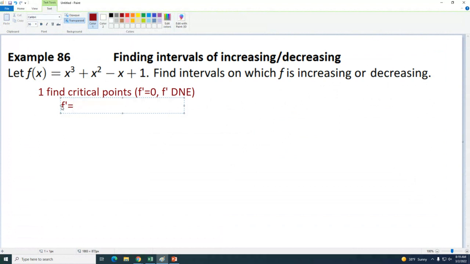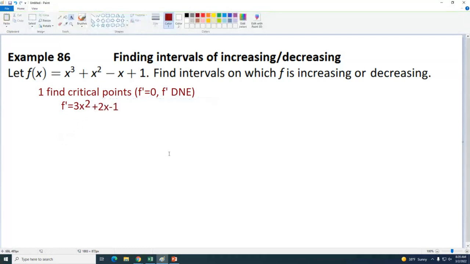What's the derivative of the function? Stephanie, what's the derivative? Power rule. The derivative is 3x squared plus 2x minus 1.